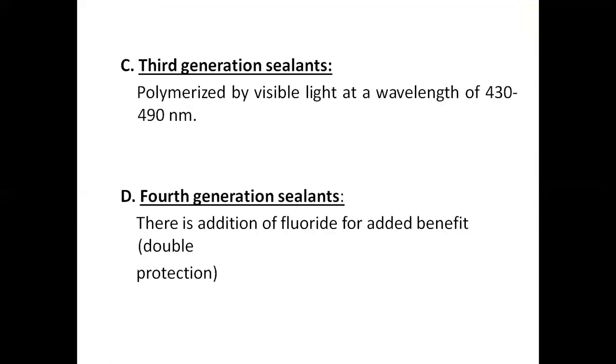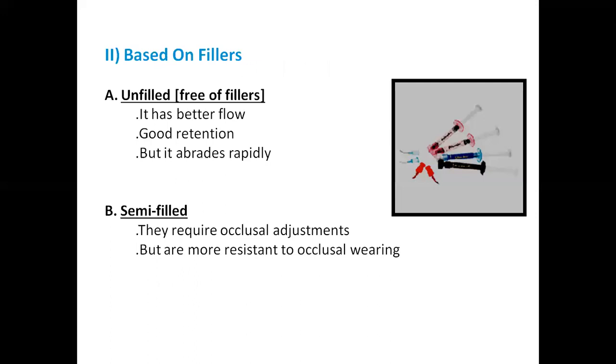Then comes the third generation sealants, which are polymerized by visible light with a wavelength of 430 to 490 nanometers. Then comes the fourth generation sealants, where fluoride has been added for double protection. Then they can also be classified based on fillers. They can be unfilled or semi-filled.